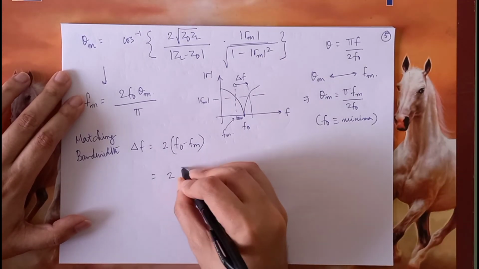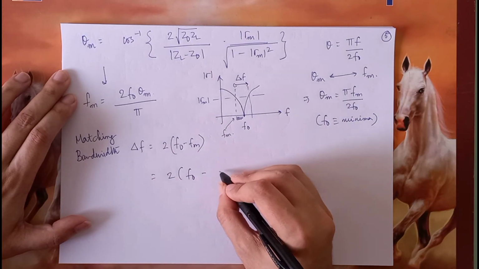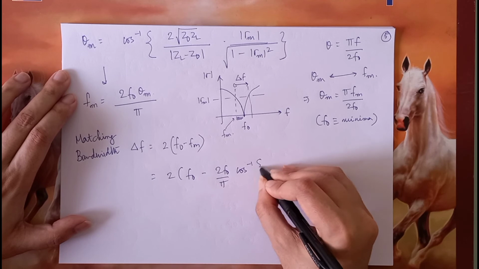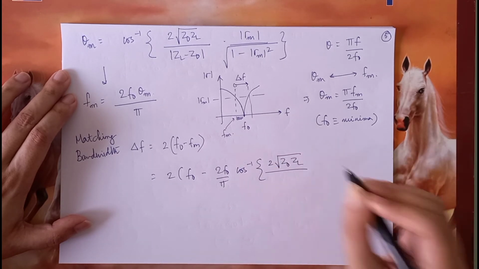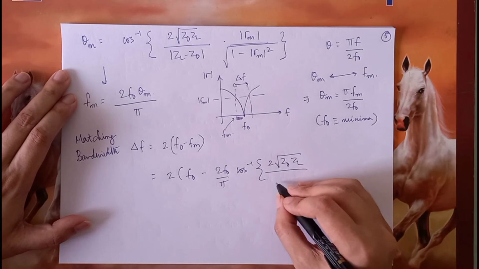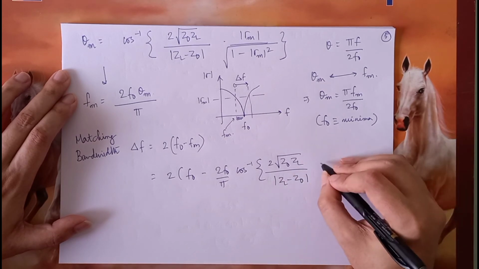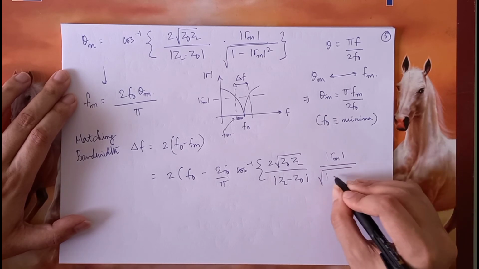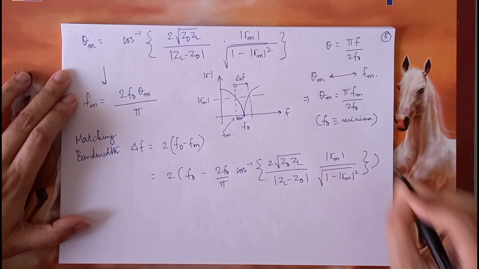That is twice f0 minus 2f0 by pi cos inverse 2 times root of z0 zl divided by zl minus z0 mod times mod gamma m divided by 1 minus mod gamma m square.